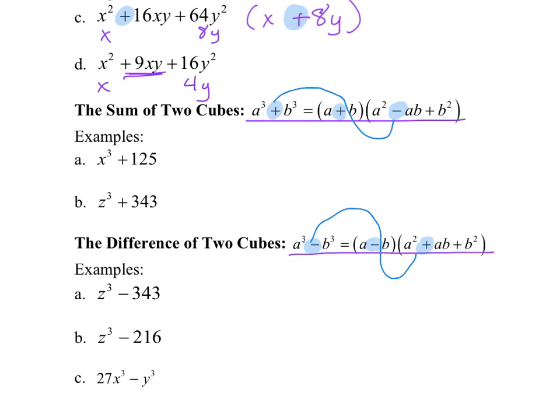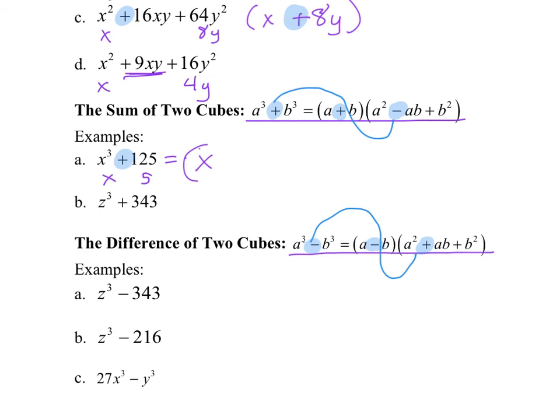Okay, so let's look at this. x cubed. The cube root of x cubed is x. The cube root of 125 is 5. So I'm going to have the pattern. Remember, it's x, and then whatever this symbol is, stays the same.